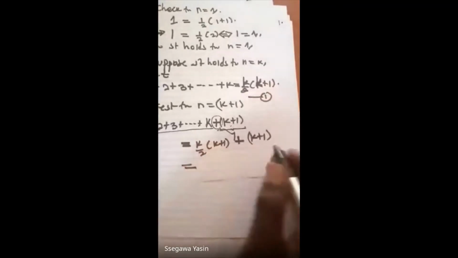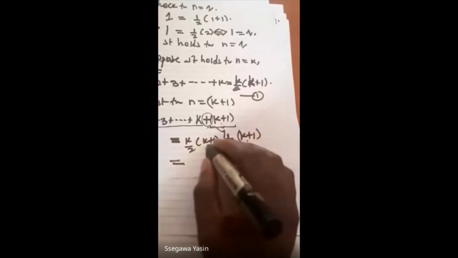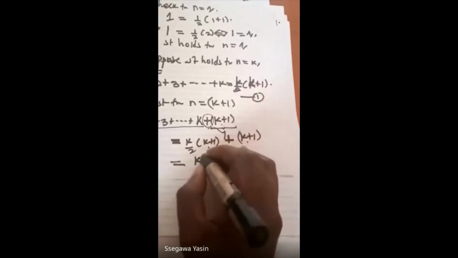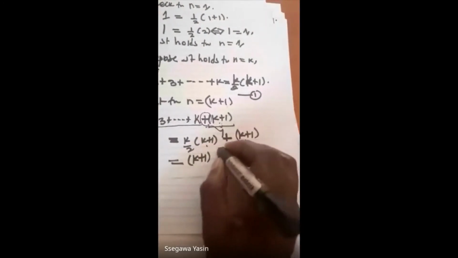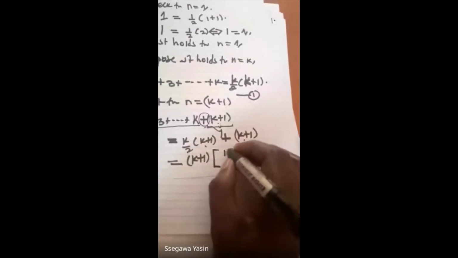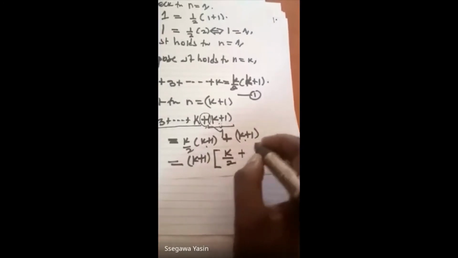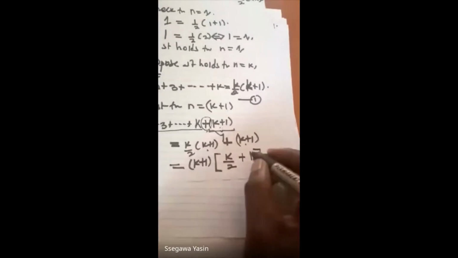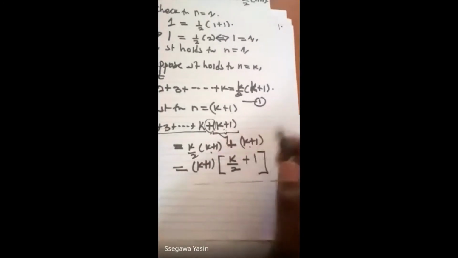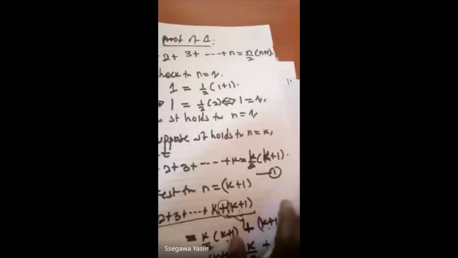So this is equivalent to what? This one and this, we have a common factor. This is k plus 1 into k over 2 plus 1, because I've taken out k plus 1. Hope you can see that clearly.